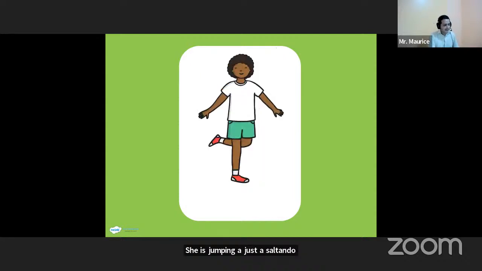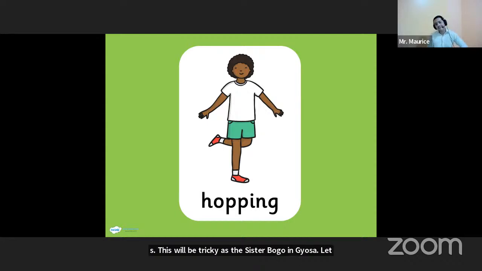Okay, let's continue. This one is tricky. Esta sí está un poco engañosa. Let me help you. Hopping. Hop es muy parecido al saltar, ok, pero un poco más lento. He is hopping. Okay, no problem. Let's move on.